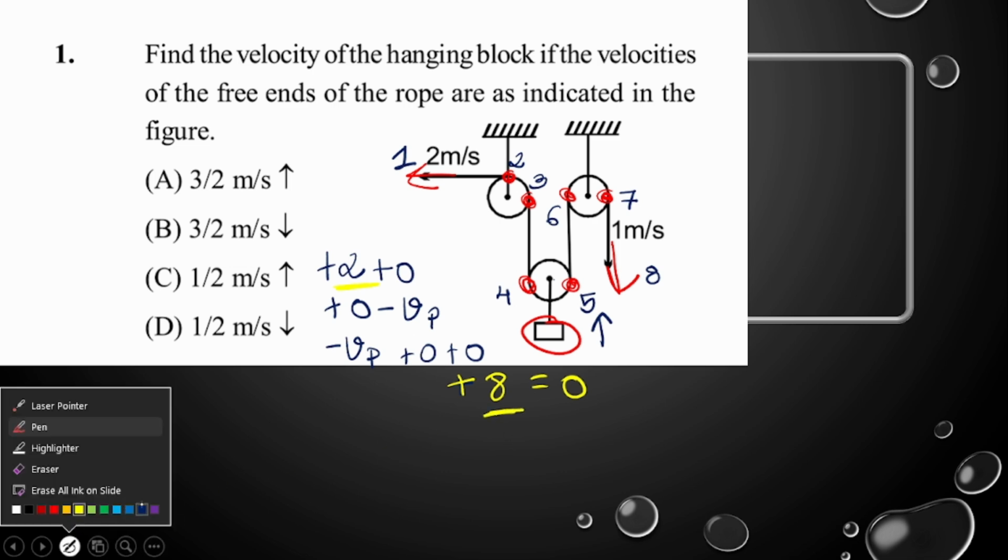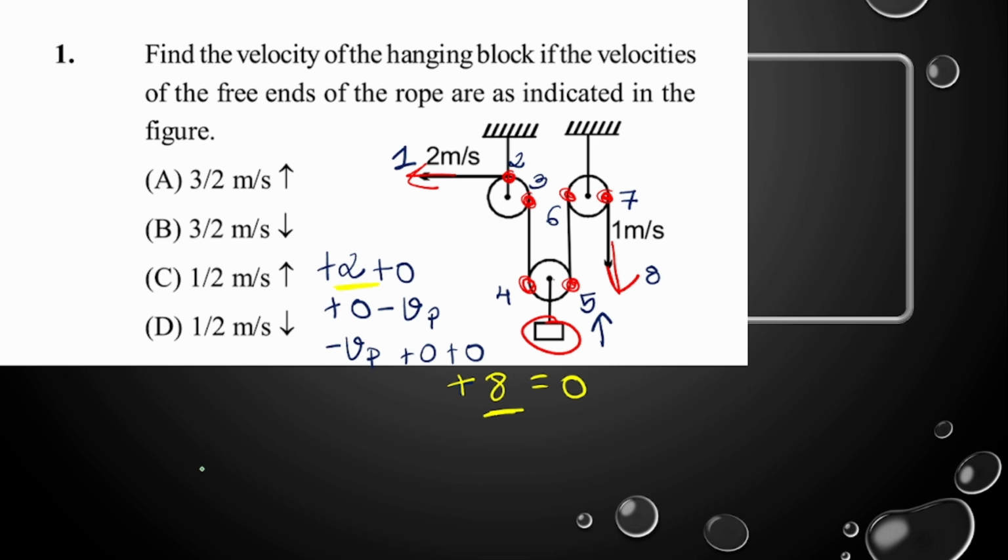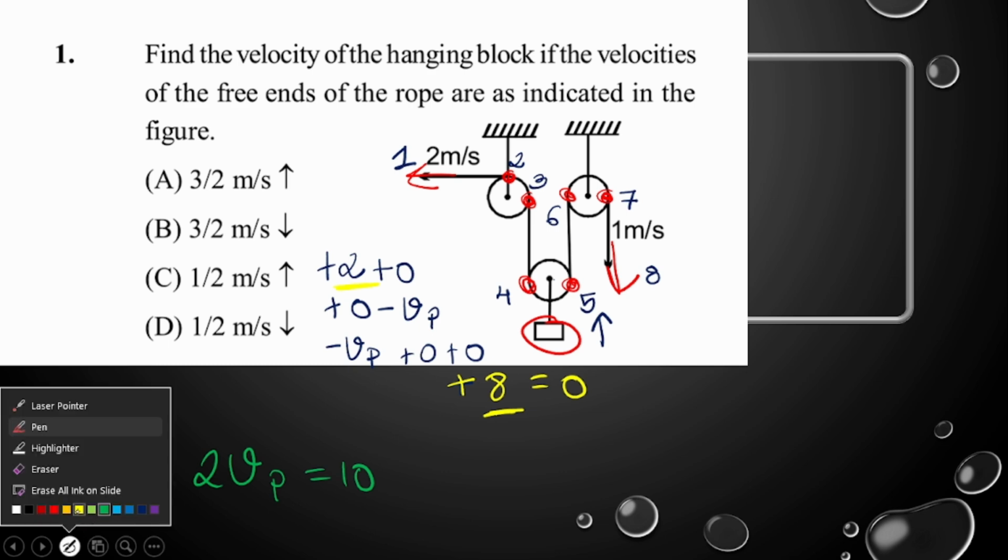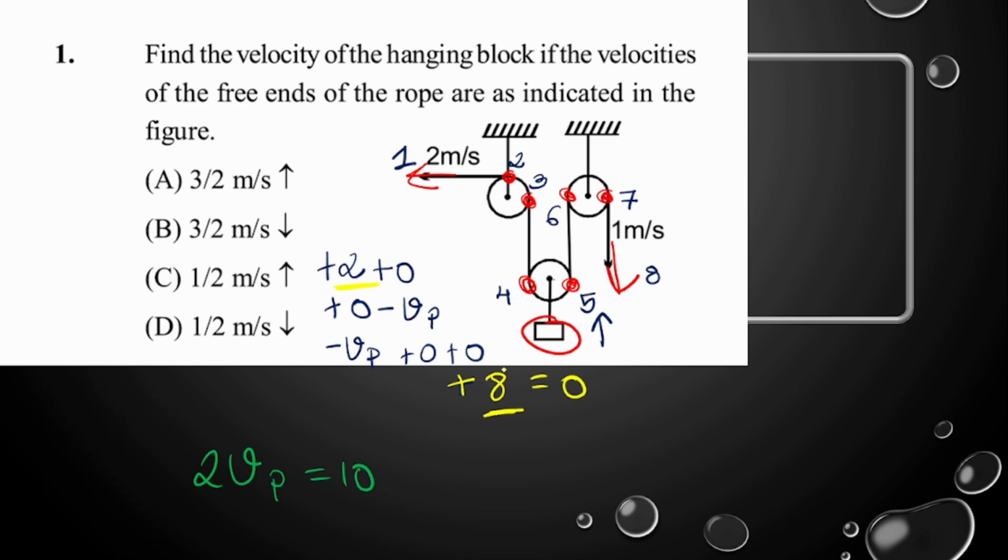So we got 2Vp equals 10. Not 10, sorry, this is my mistake. The velocity of point number 8 is plus 1. So here it becomes 2 plus 1, which is 3.